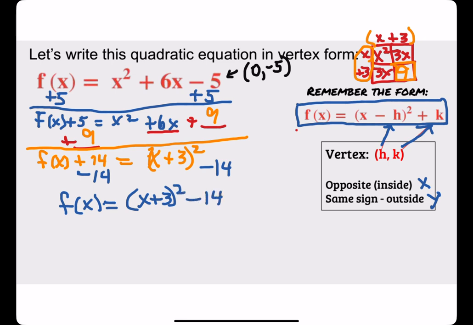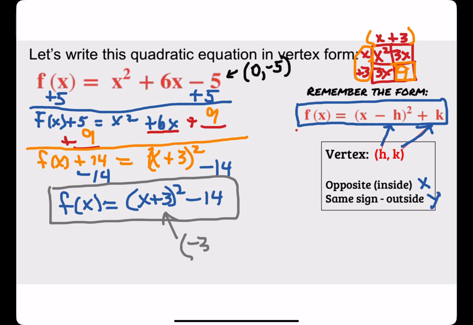So, how does that help me? Well, first of all, this vertex form gives me the vertex. The opposite of the inside, or the opposite of the x coordinate, is -3, and the y coordinate is outside, but it's not opposite, it's the same. So there's my vertex, (-3, -14).